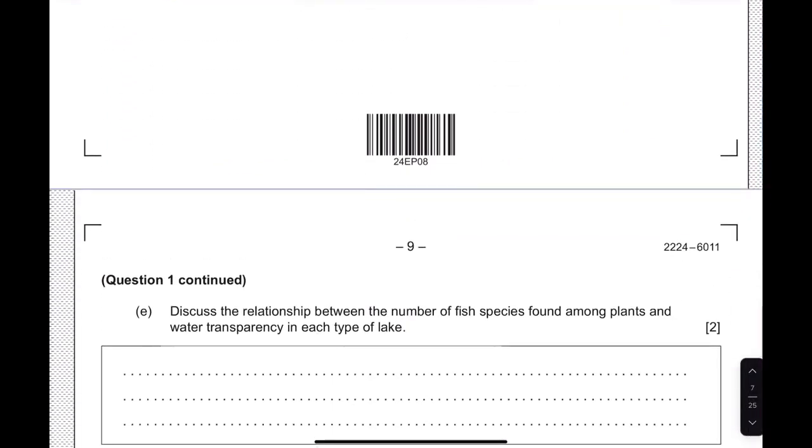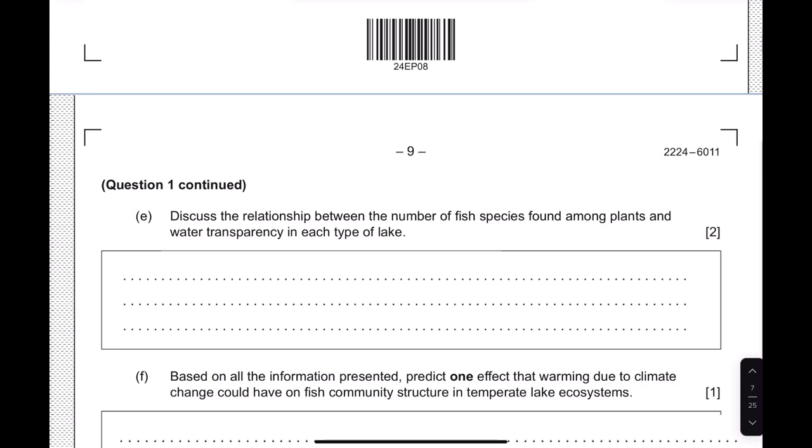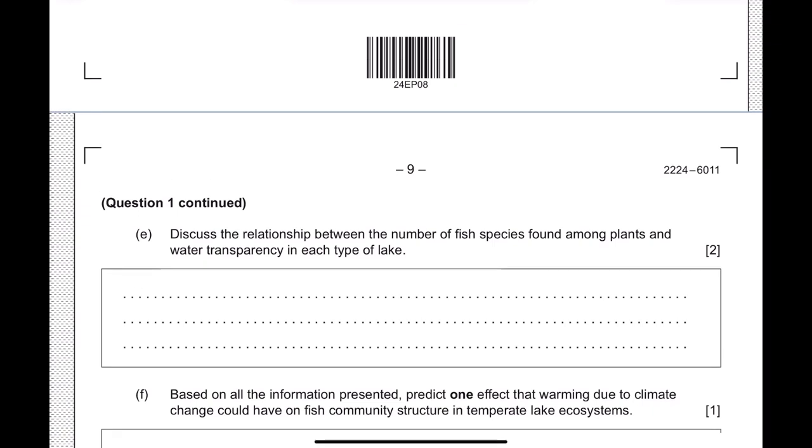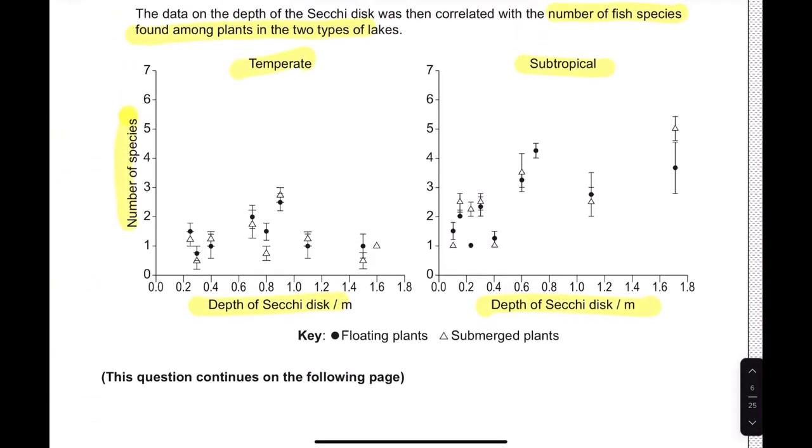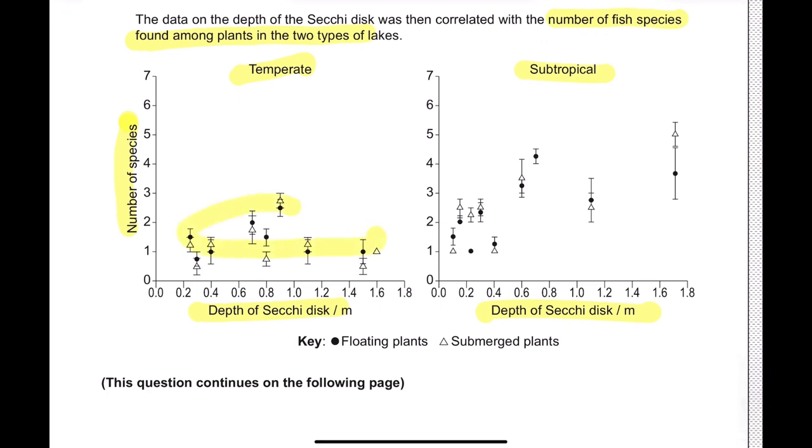Now, discuss the relationship between the number of fish species found among plants and water transparency. You can see this is very much clustered around here, so not affecting much in the temperate one, and this one is changing, in subtropic. So this could be one of your points, that in temperate, water transparency seems to not affect, and in subtropic the number of species increases with increased water transparency.